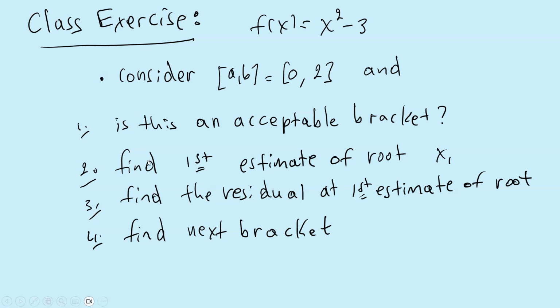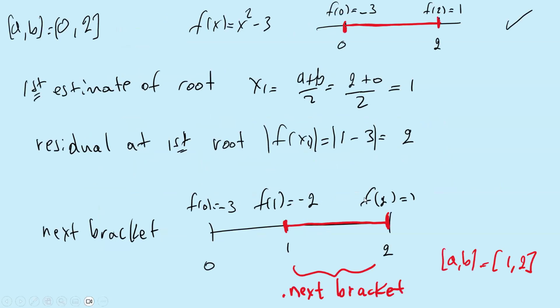After that, find the first estimate of the root. How can we find it? We should find the midpoint of this interval. 0 plus 2 over 2, the answer is 1. And if we plug it into this equation, we can find the residual: 1 squared minus 3, the answer is -2, or we can say the residual is 2.